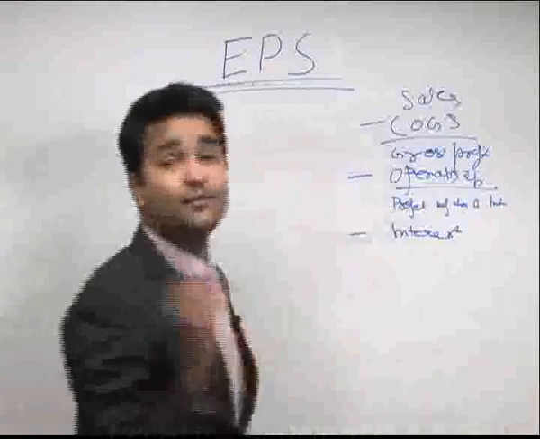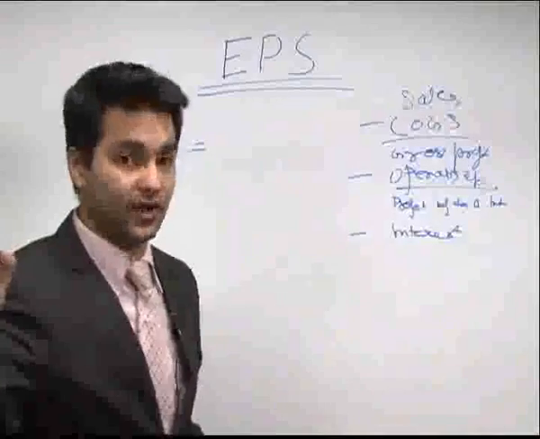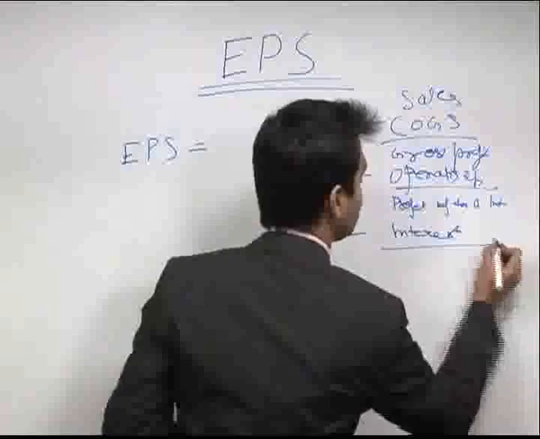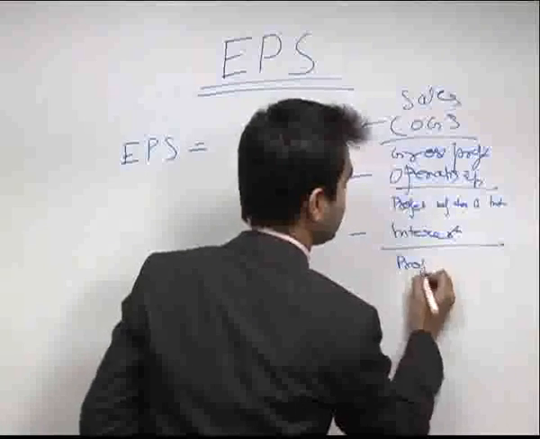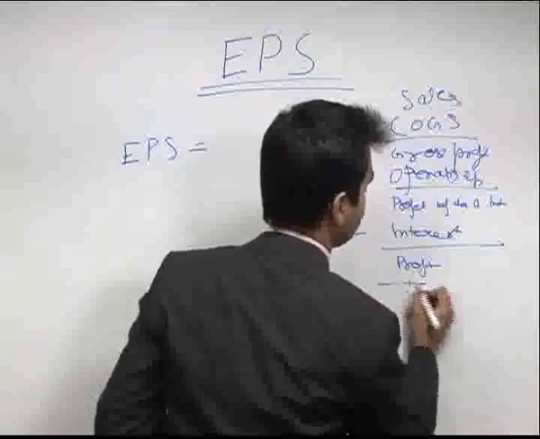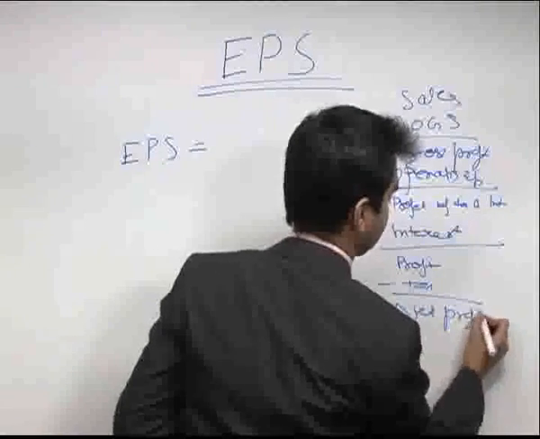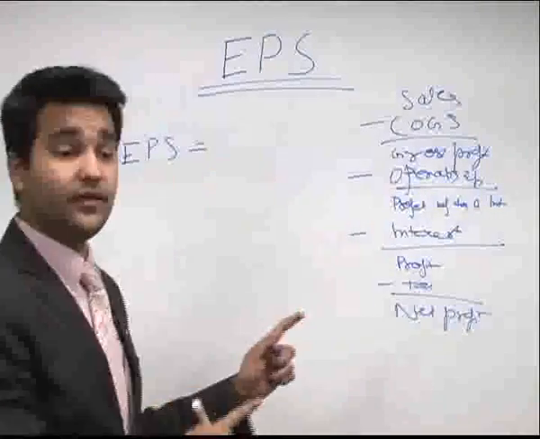Interest is the payment to the debt holders of the company, right? You all know that. So we get the profit and then we reduce the tax and we get the net profit. So this will be the net profit.